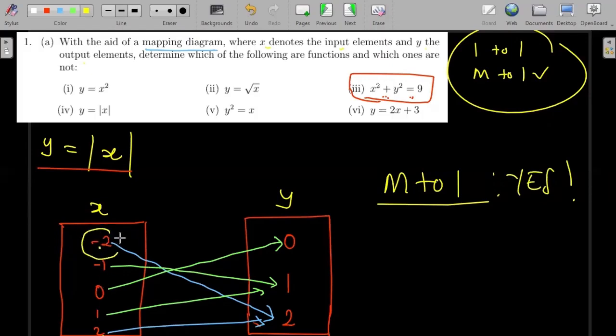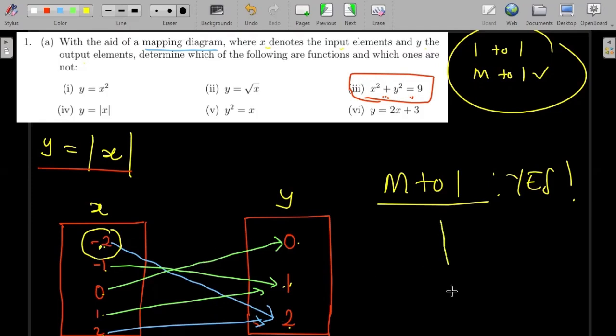I come at -2, where is it mapped? It's only mapped to the 2. I come at -1, only to the 1. 0, only to the 0. 1, only to the 1. The outputs can be the same for different x elements, but as long as each x element is just being mapped to one output, we call it a function. So this is a function.